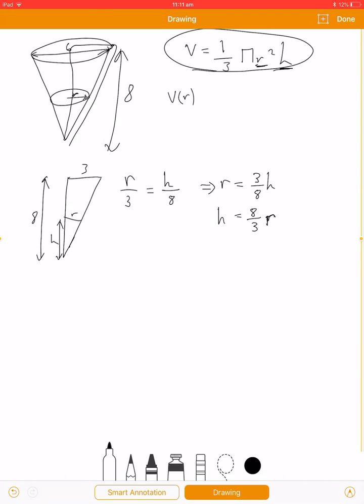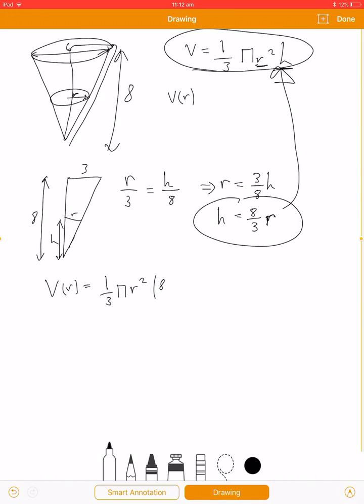So what we want to do is sub this value of H up into there, and that'll then give us V of R equals 1 over 3 pi R squared times 8 over 3 R. And that simplifies down to 8 over 3 times 3 is 9, pi R cubed.